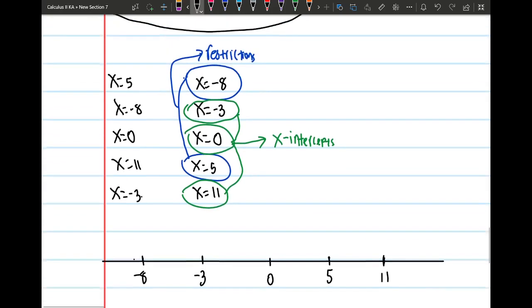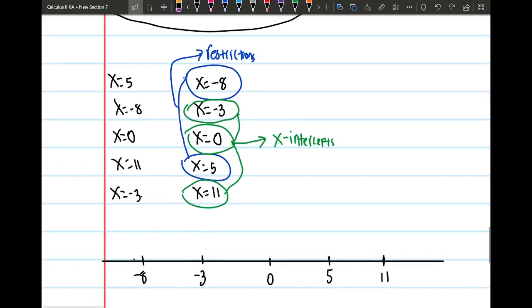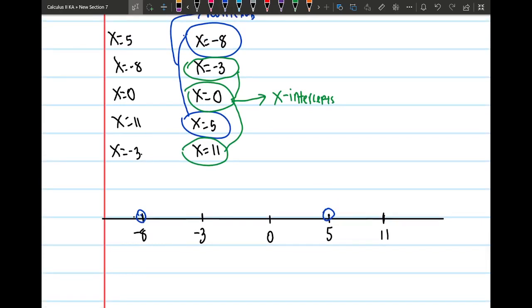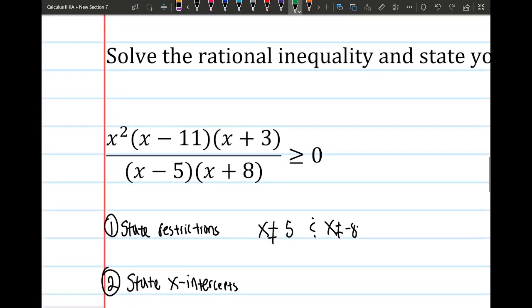Now again, we want to know which ones are restrictions and which ones are x-intercepts. So the restrictions are at -8 and 5, so I'm going to go ahead and put open circles at -8 and at 5. And then I'm going to put closed circles or filled in dots because those are included in my interval, since the inequality states it's greater than or equal to 0.